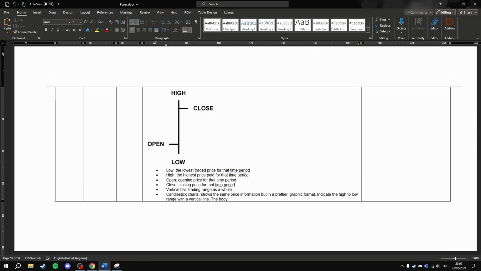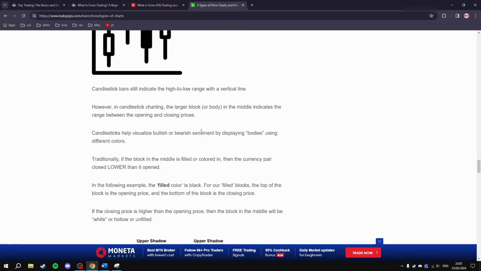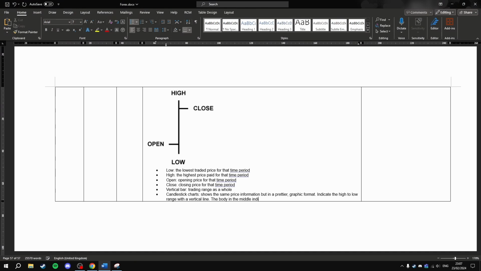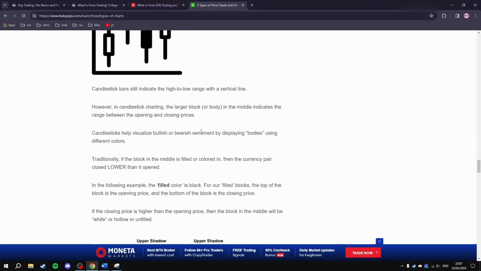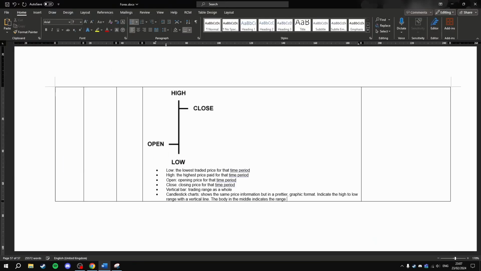The body in the middle indicates the range between opening and closing prices.